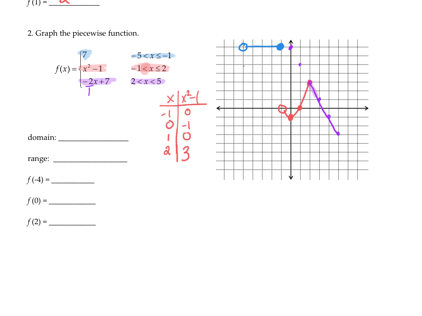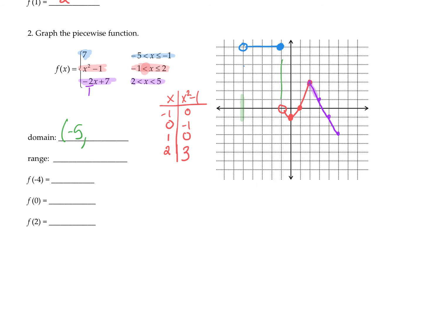So now it's asking what's the domain. Well, my most left point is over here at -5, but it's not included. So -5, and then it does connect at -1 here, and then it does very much connect at 2. I realized I forgot to erase these little spare points. Make sure we erase those.